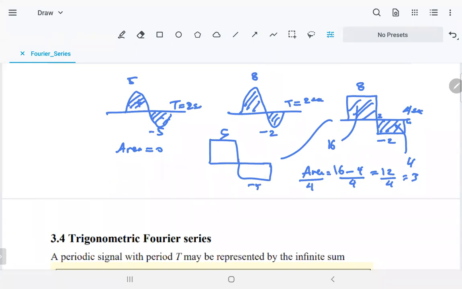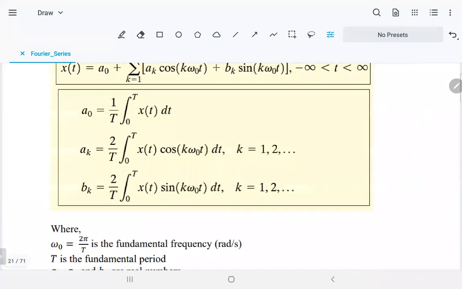For a pure sinusoid, because it's symmetric, 8 and minus 2 is 6, divided by 2 is 3. But to find the average by area, you need integration. That's why, for A naught, you integrate the signal over one period from 0 to T and then divide by the period. The integration gives you the area, and dividing by T gives you the average, which has the physical meaning of the DC component.